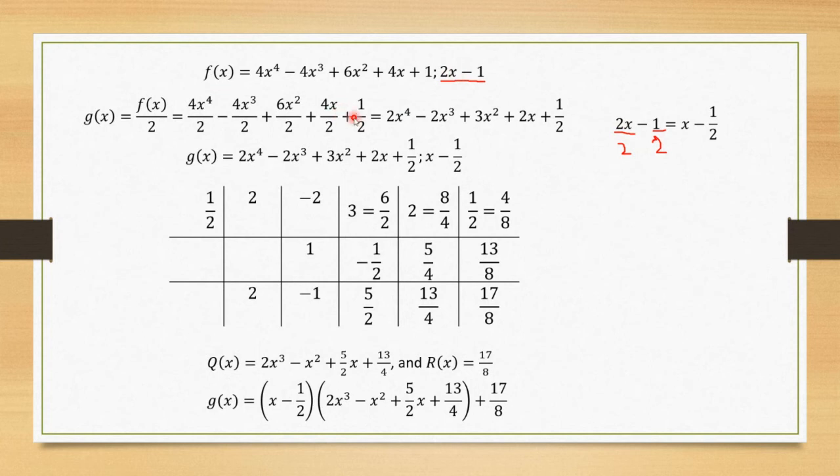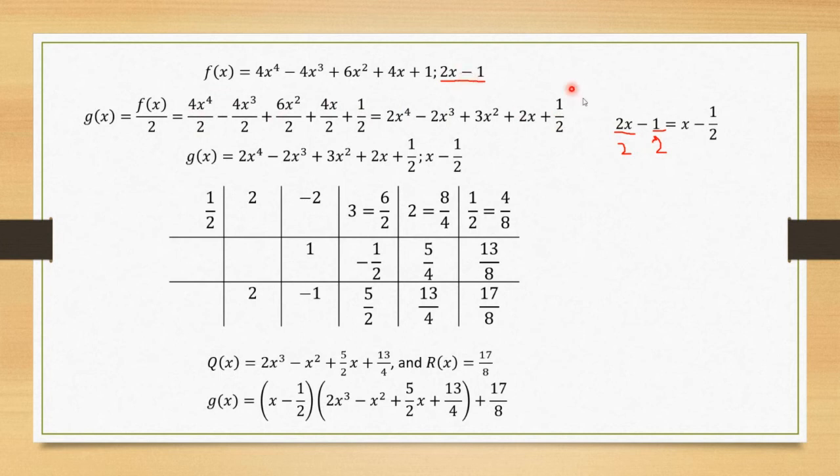What I showed you last time was why it's okay to divide by this coefficient, the idea behind it. So from here, we have 2x to the 4 minus 2x cubed plus 3x squared plus 2x plus a half.